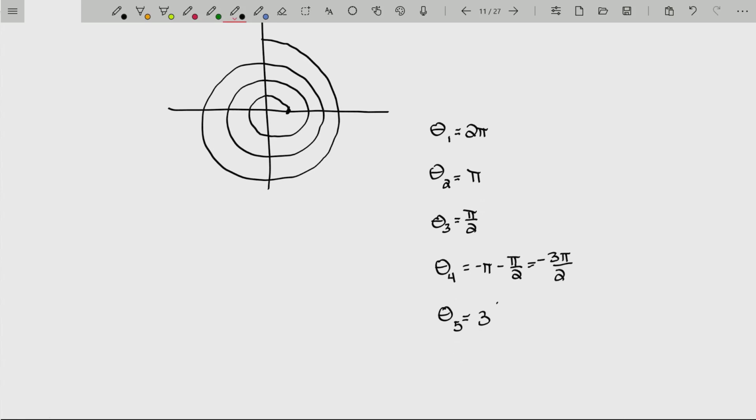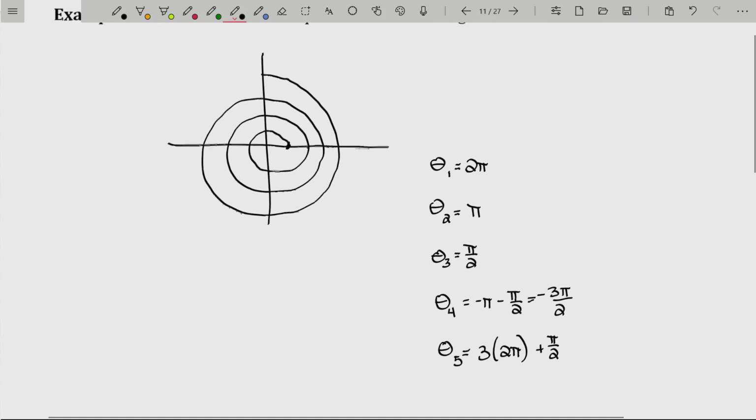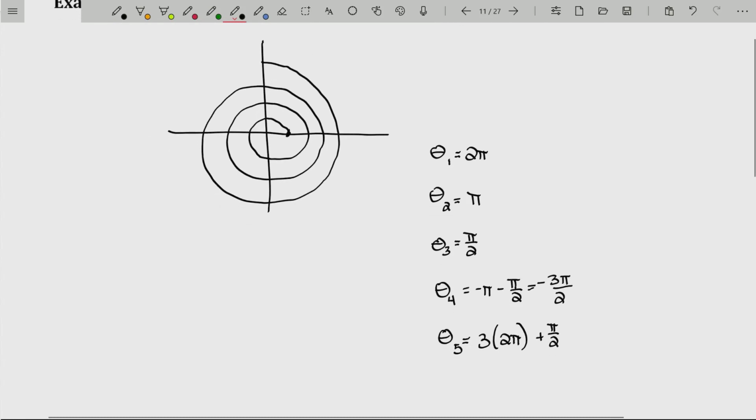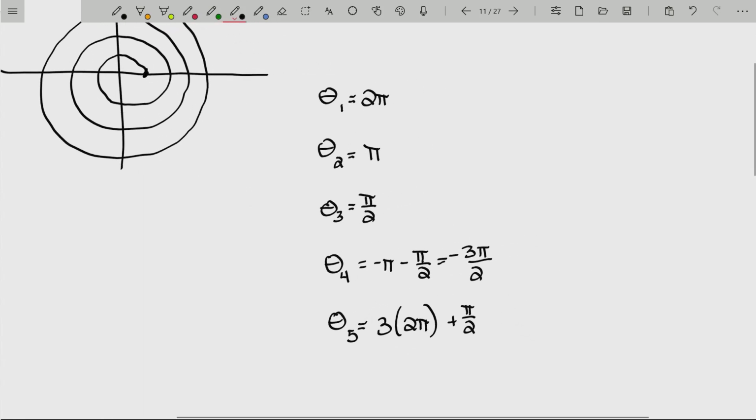That's 3 sets of 2 pi plus another half, plus a pi over 2, because we went up a quarter of a full rotation. That's 6 pi plus pi over 2, or 13 pi over 2.